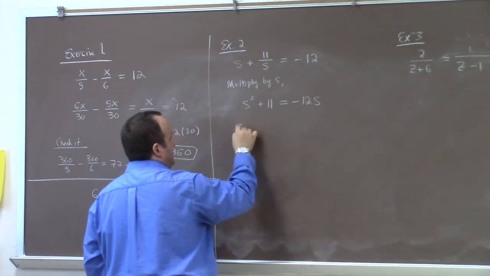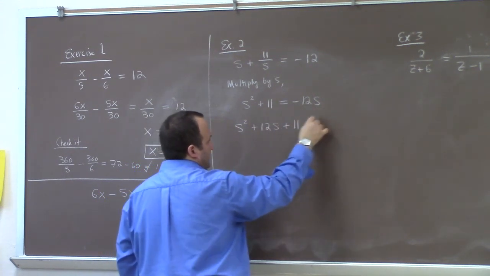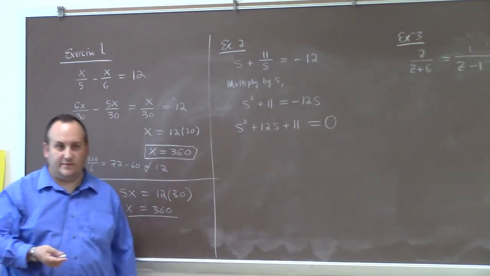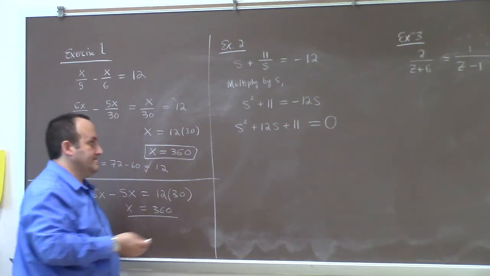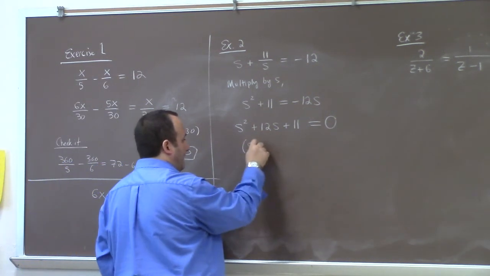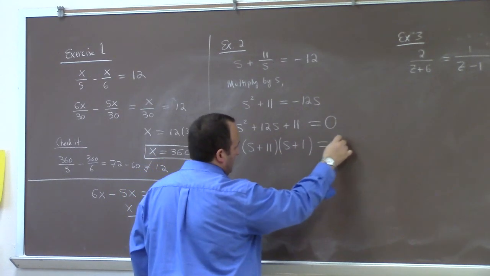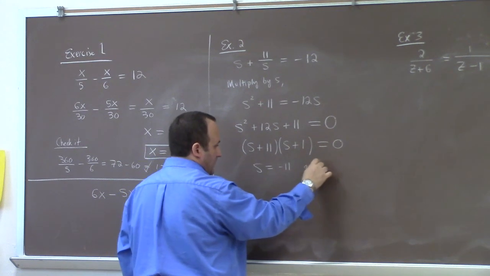So you got s squared plus 12s plus 11 equals 0. Now this is a quadratic equation in s, which means we can solve it, right? So we factor, s plus 11, s plus 1. Very good. So that tells me s is equal to minus 11 or minus 1.